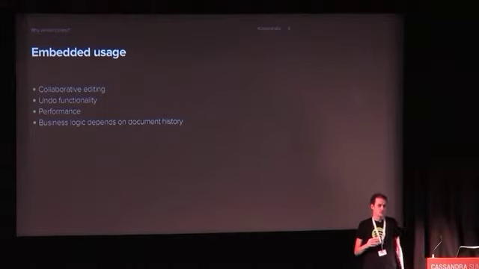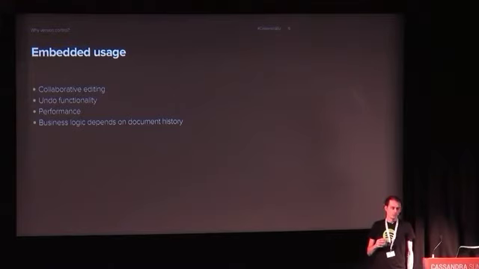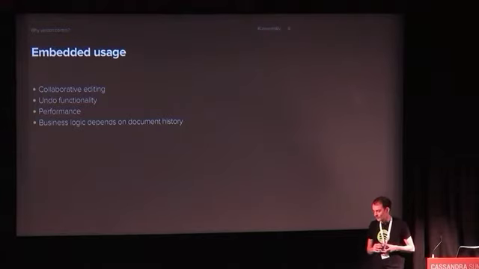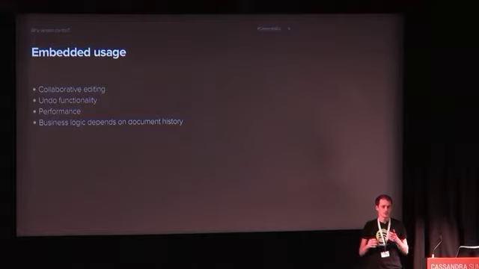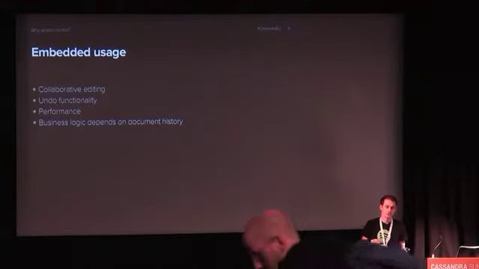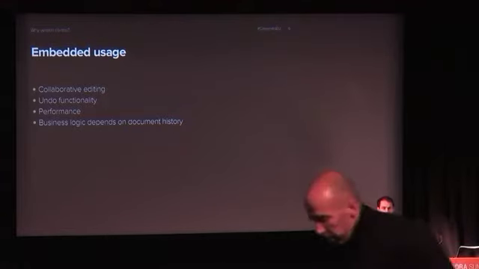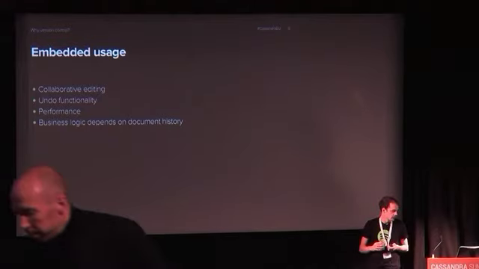So I already mentioned some of the advantages of using embedded version control. Another advantage could be, for instance, performance. Let's say we have a document that we want to synchronize across several devices, and this document keeps getting updated. It might actually be more performant to just synchronize the changes rather than the entire document, depending on the size of the document and the size of the changes.